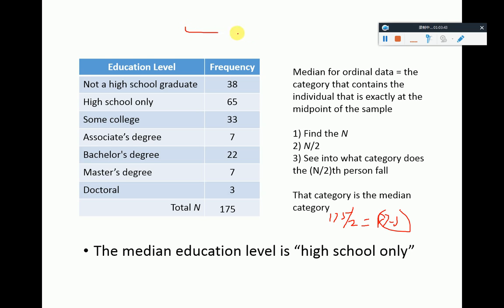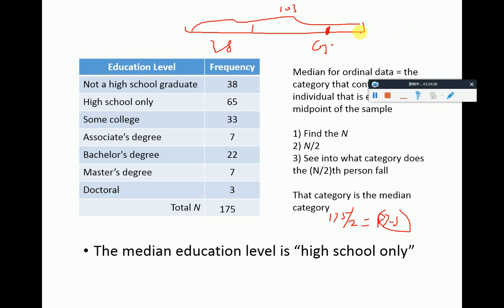The first 38, next we have 65 of them, and this will give us a total of 103. So the 87.5th individual will be about here. And this is the midpoint of the entire sample. So that's why the corresponding education level will be our median education level.